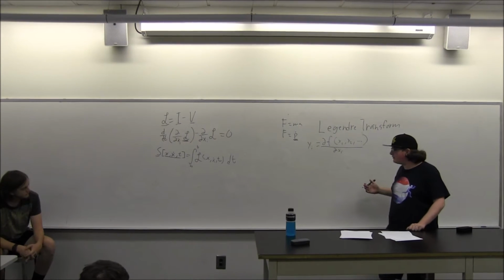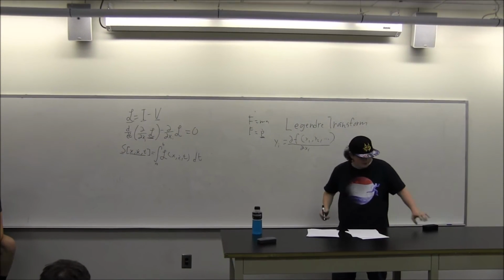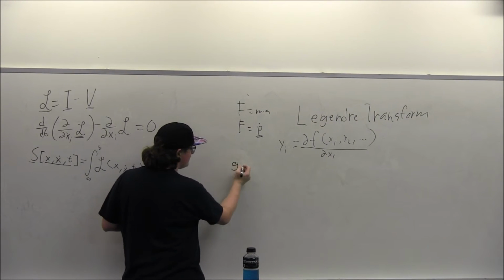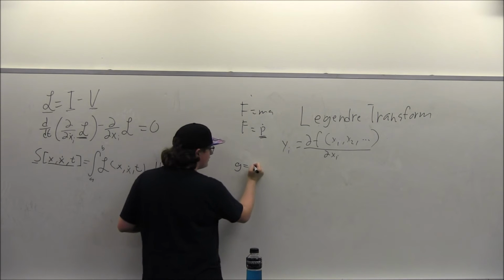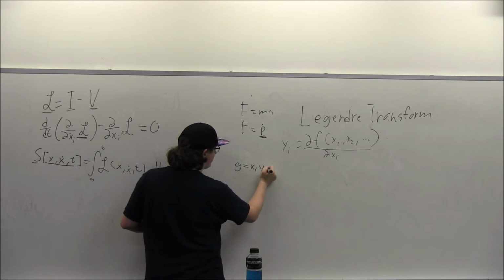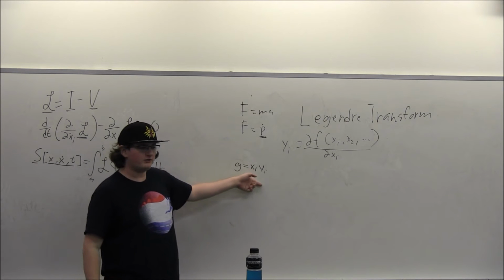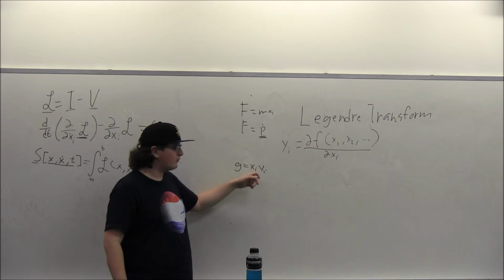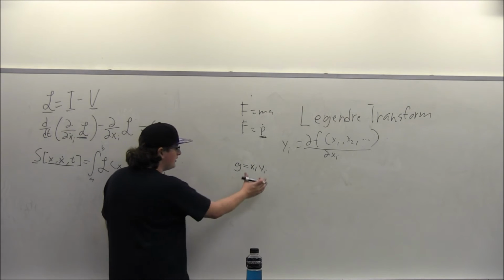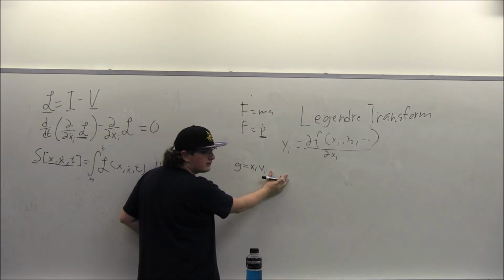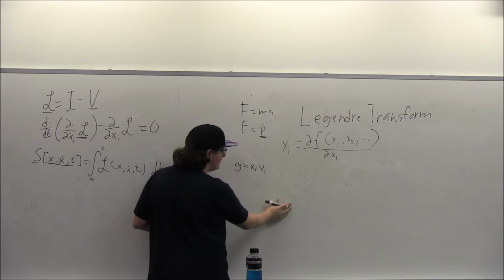The one that you want to transform, or to get the transform function, let's call that g. That's just going to be equal to x_i y_i, and you sum over however many. So if you want to do it for x1, x3, and x7, then you would do x1 y1 plus x3 y3 plus x7 y7.